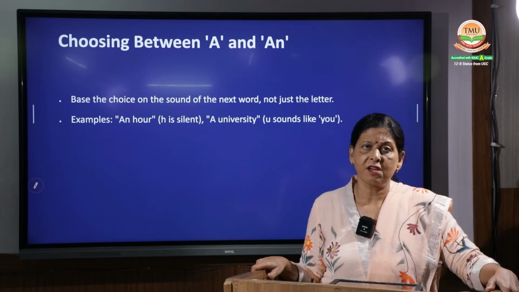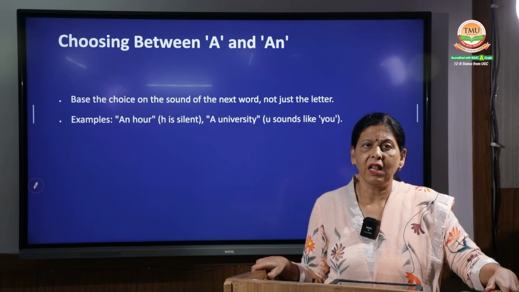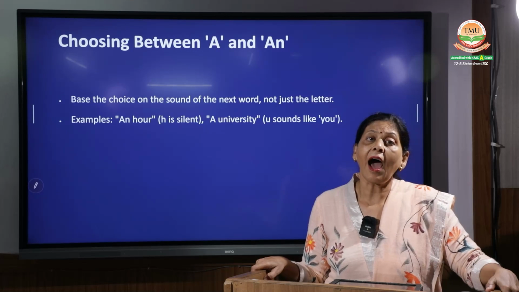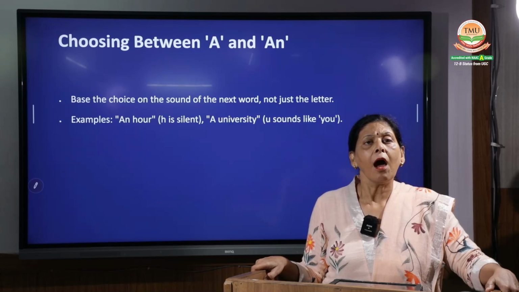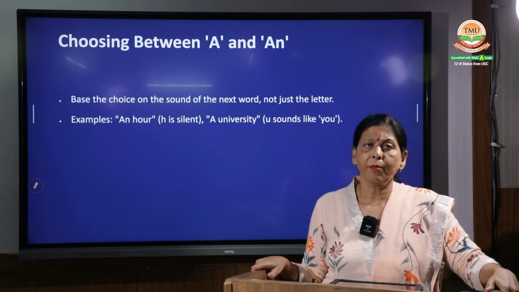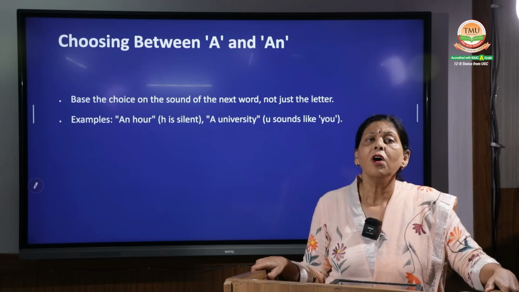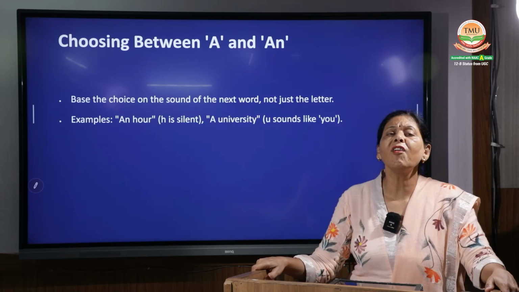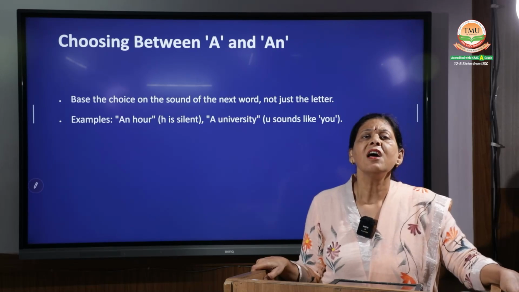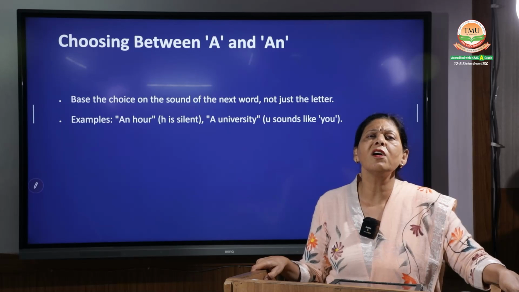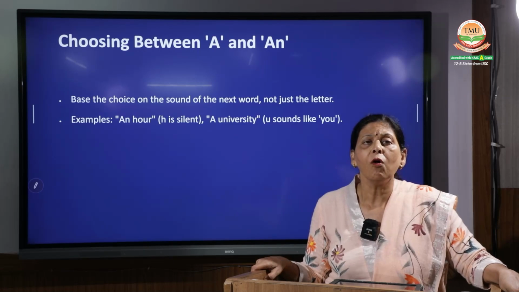An elephant, an apple, an eye, an orange, an umbrella. So these are the words which begin with vowel sounds. The first sound of these words, the first letter of these words, has the sound of a vowel.